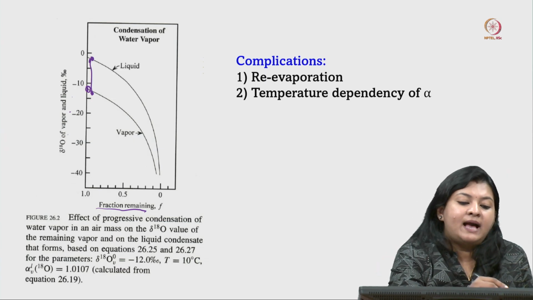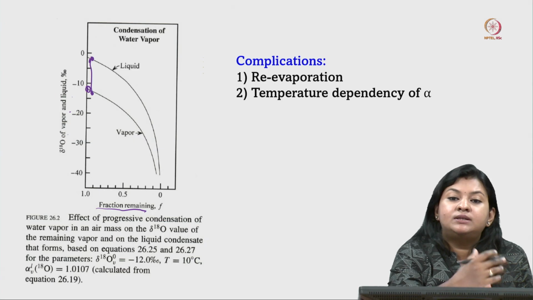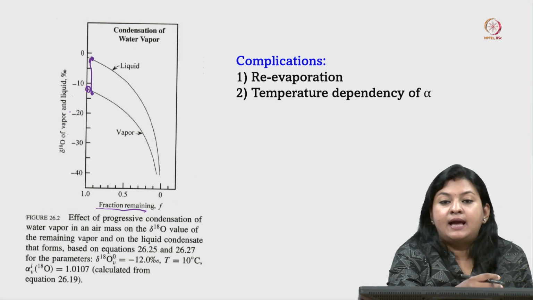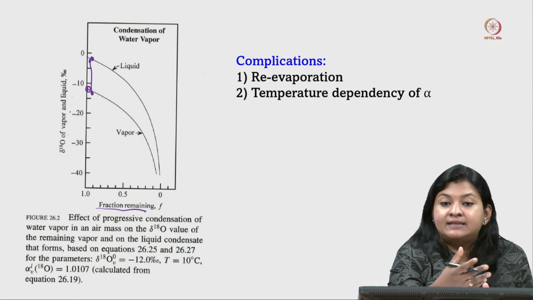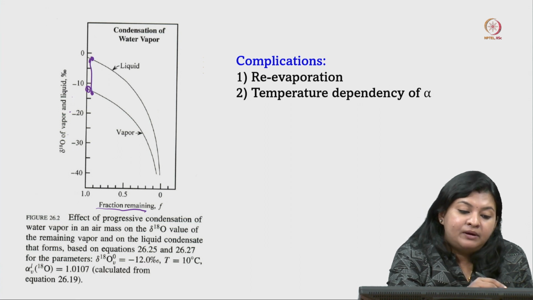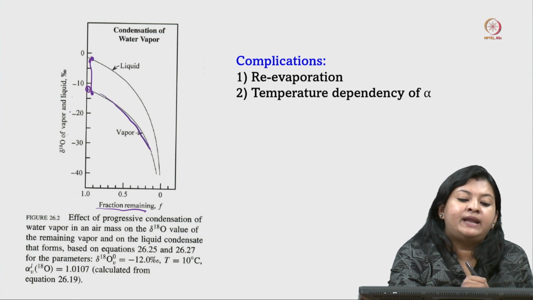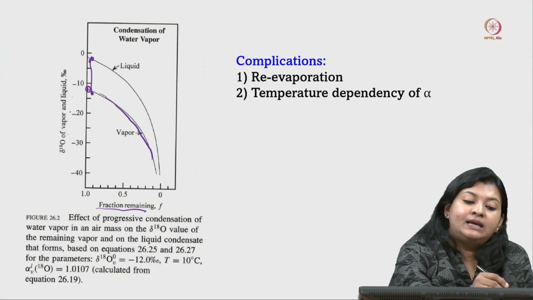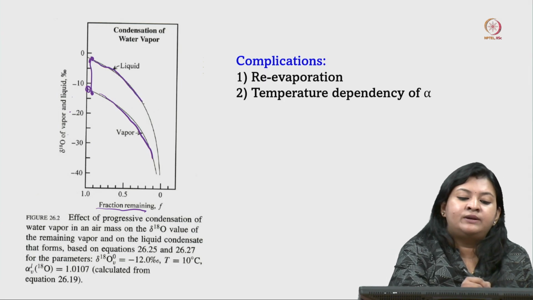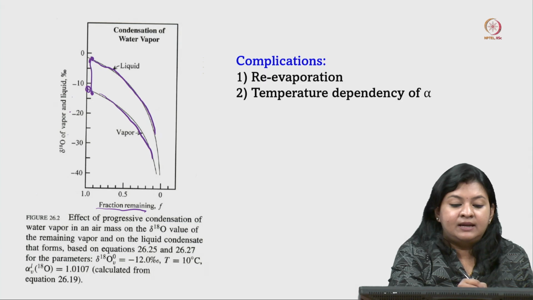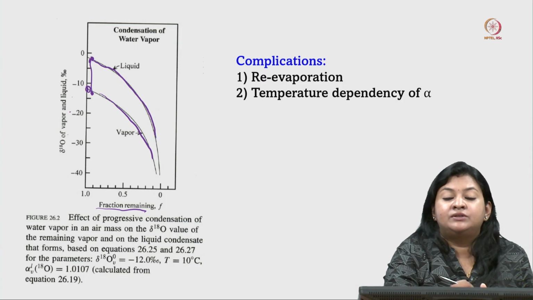Okay. So, as the vapor gradually loses its moisture and there are more rainfall events happening, the vapor gradually becomes more and more negative, and the liquid also goes more and more negative until it becomes 0.